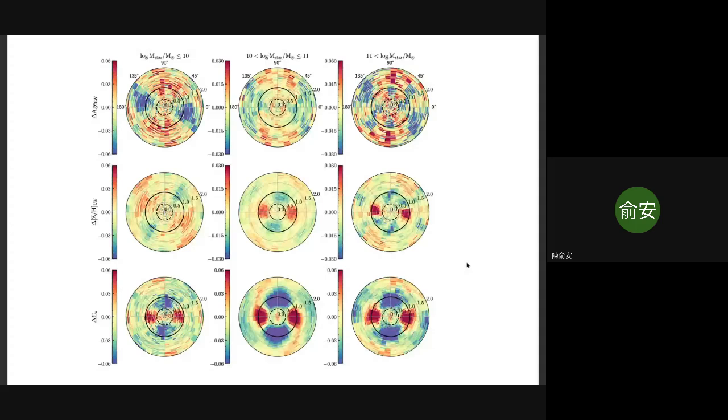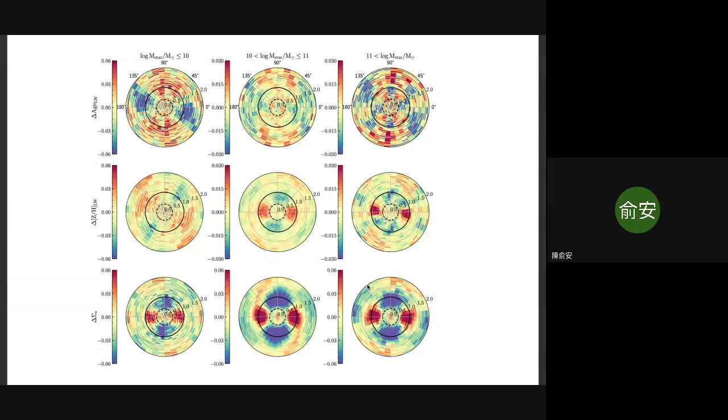Vertical or horizontal? Which one? The horizontal one is the bar, the red part. Yes, so they have a clearer division between the bar and the inner region of the galaxy.